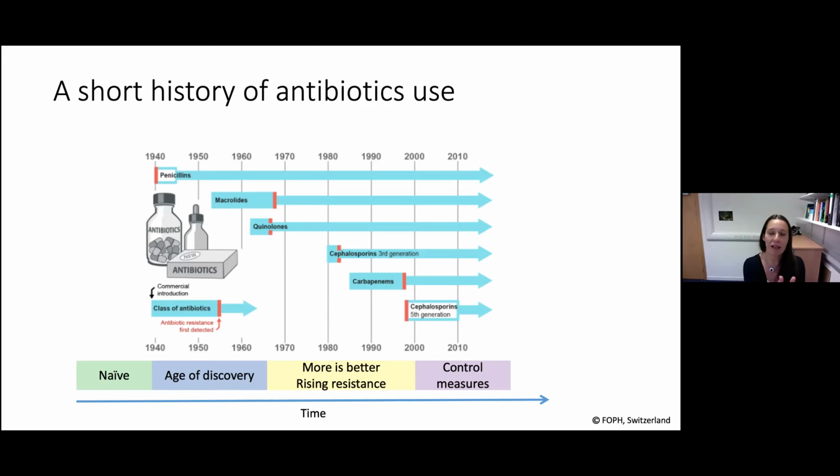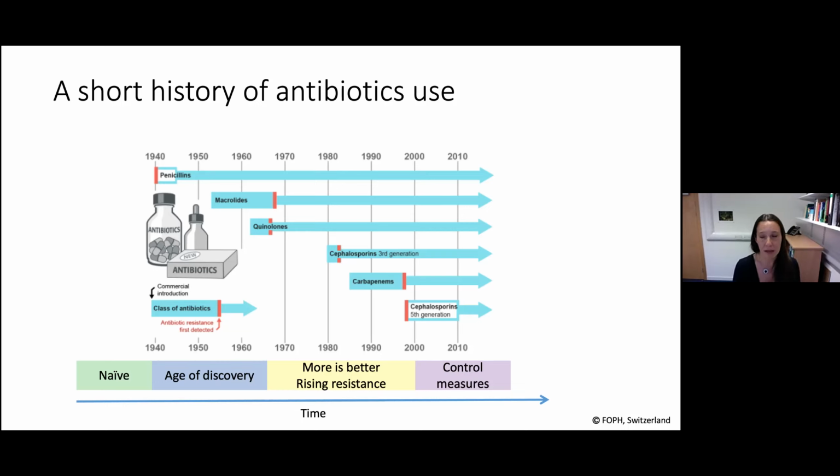But along with the discovery of each antibiotic class, resistances were also discovered. So this is not a new phenomenon. This has been observed quite soon after the first antibiotics were discovered. Nevertheless, for the next 30 to 40 years, there was a general belief that using more antibiotics, or using antibiotics in combination, would solve the problem of rising resistance.